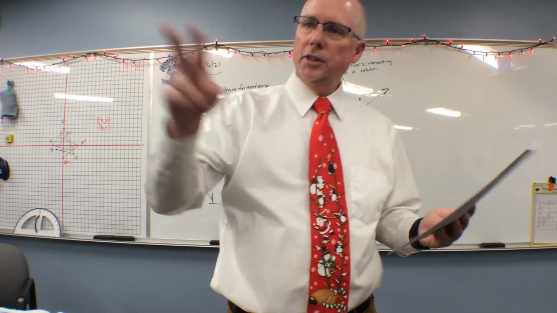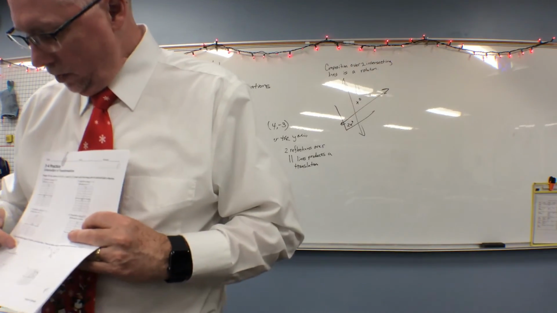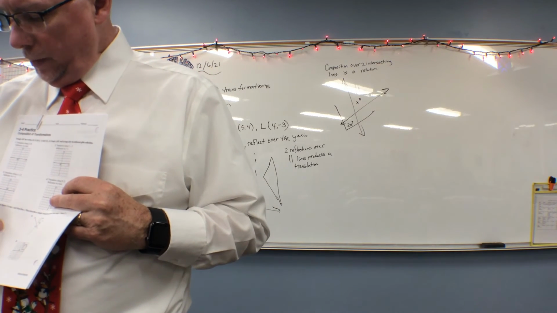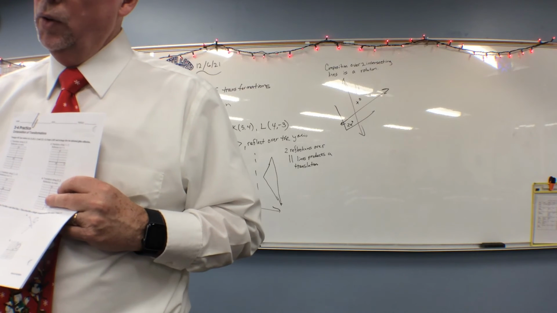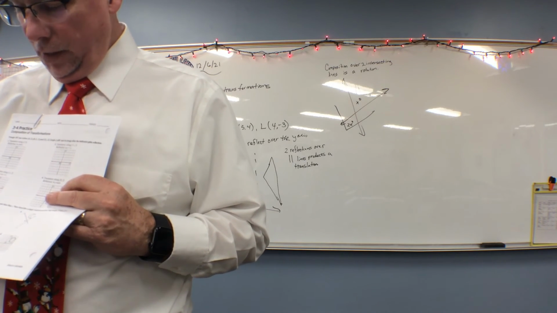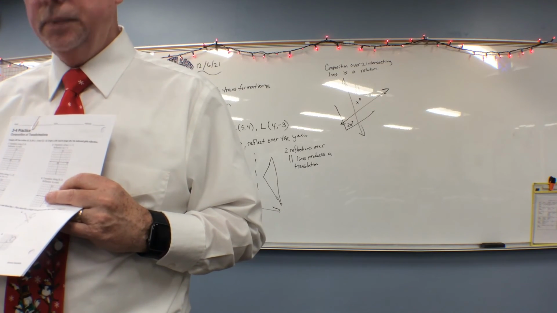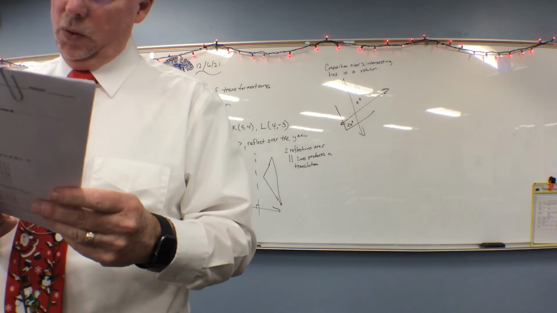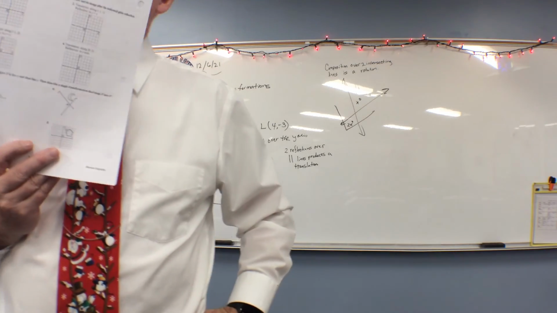So you did 2 reflections, Kyle. You're going to reflect this over the x-axis. Then you're going to reflect it over the y-axis. You did 2 reflections, and that is a rotation of 240 degrees. Do you understand that? Okay. Now, 7 is 2 parallel lines. You got that? And then you're going to reflect number 8 over the x and y axis on an actual coordinate plane.